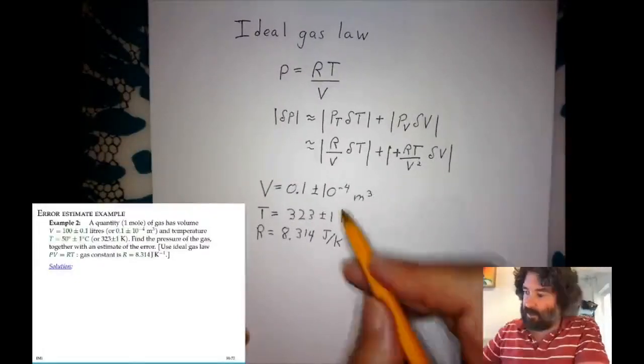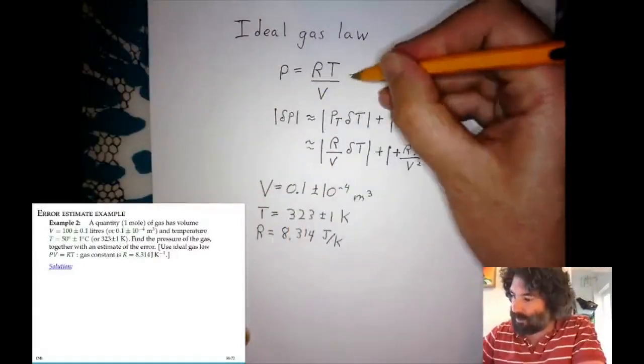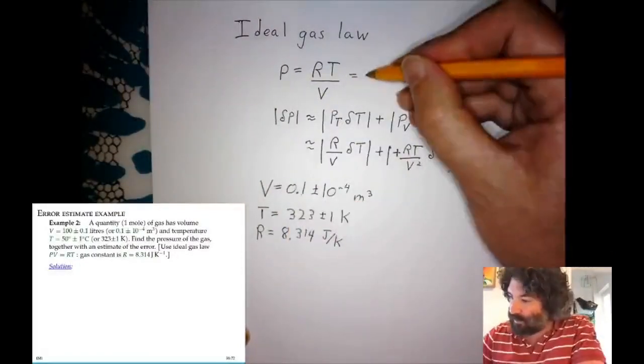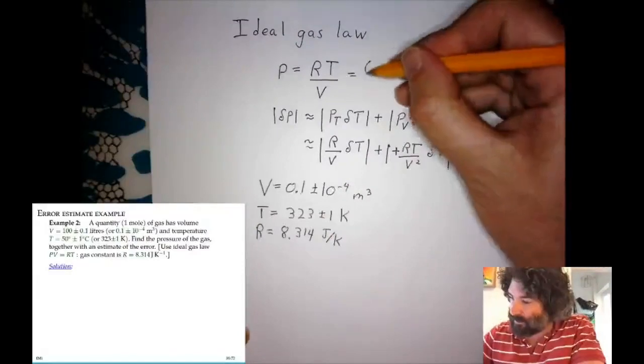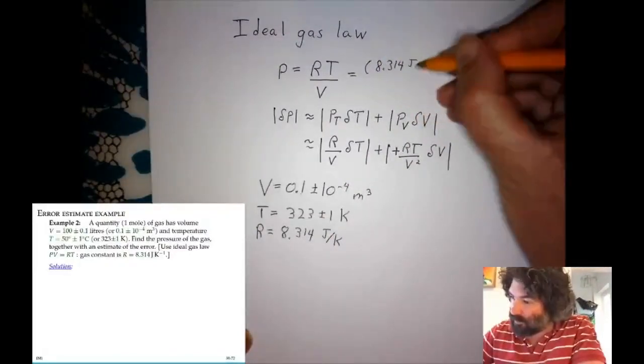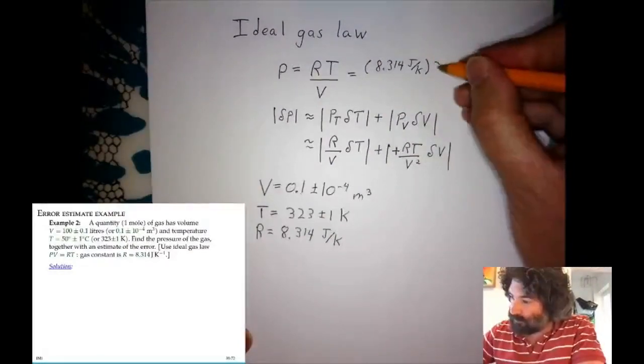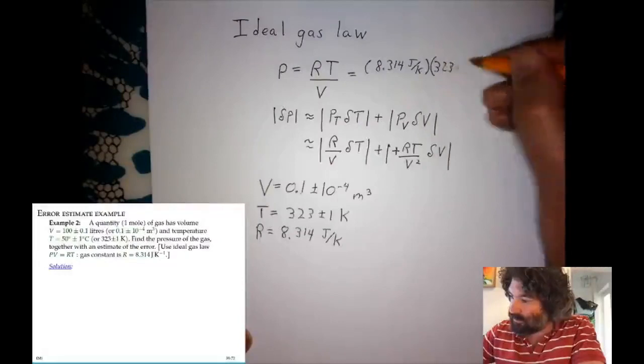All right, and so we can put these in. So in order to calculate the pressure, we use the measured values. And so first of all, we have R is 8.314 joules per Kelvin. T, the measured value, is 323 Kelvin.